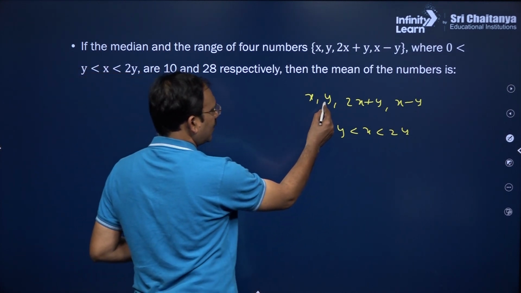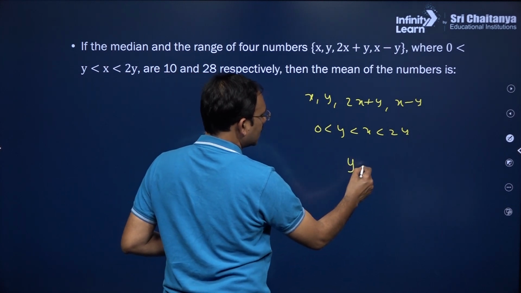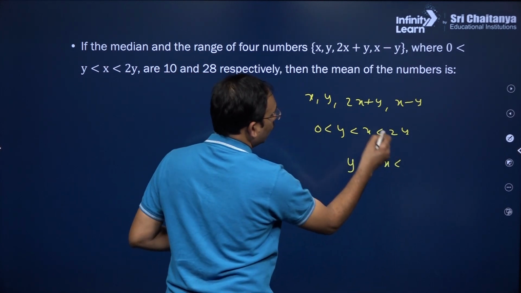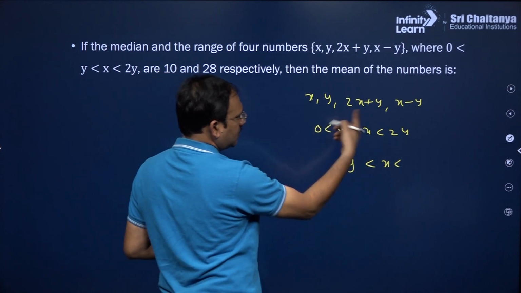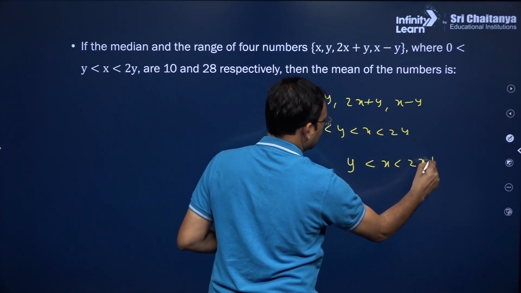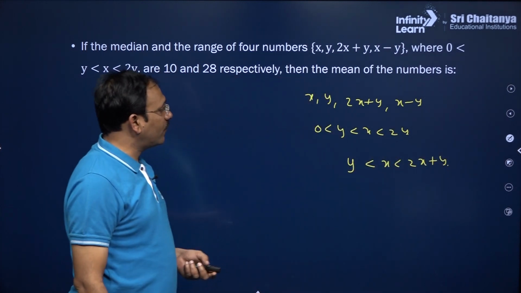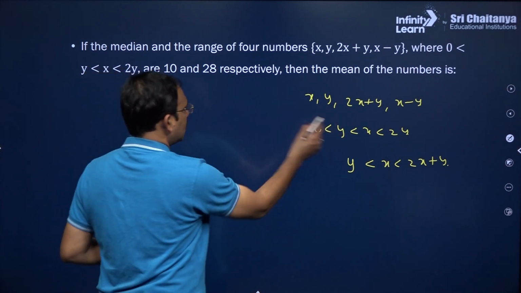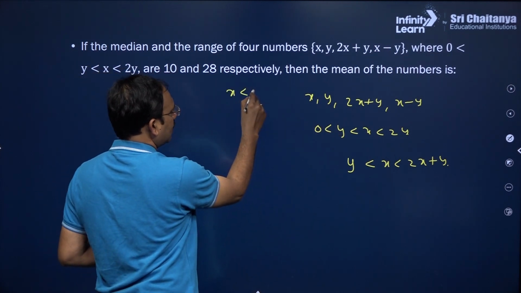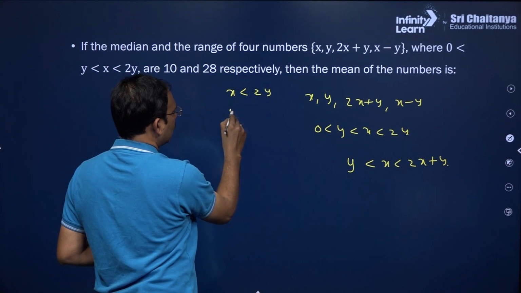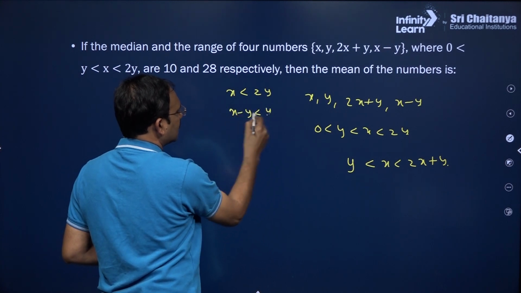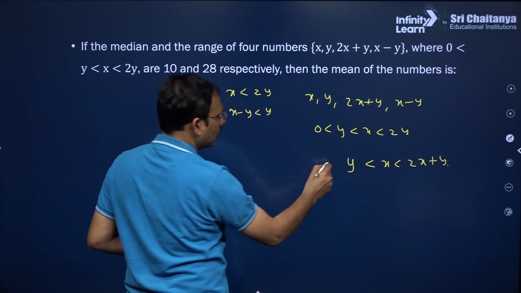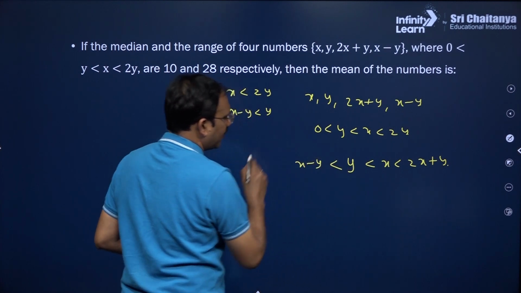He has already given y less than x, of course all are positive, x is definitely less than 2x plus y undoubtedly, and where should I put x minus y? You see, he has given x less than 2y, you subtract y, x minus y is less than y, you see. So x minus y will be here, my dear friends.